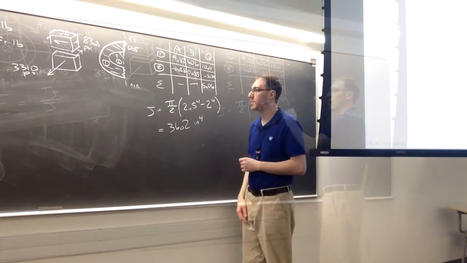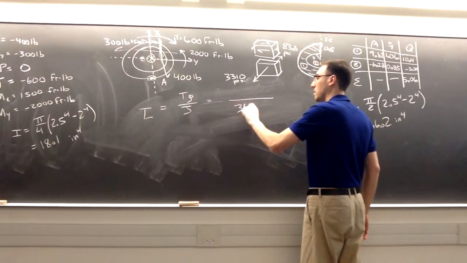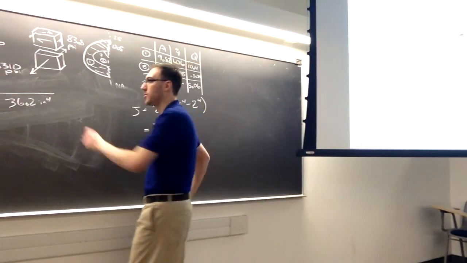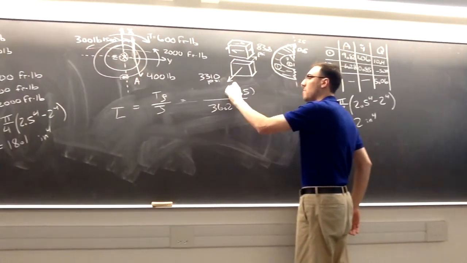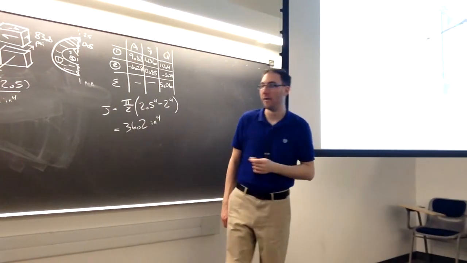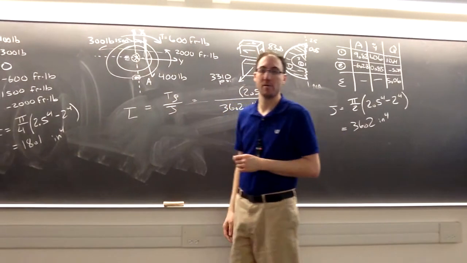So our J for this is 36.2 inches to the 4th power. A in the picture is on the outer diameter, so rho is 2.5. Remember, in the T rho over J, rho is your distance from the center of the cross section. So A is 2.5 from the center.